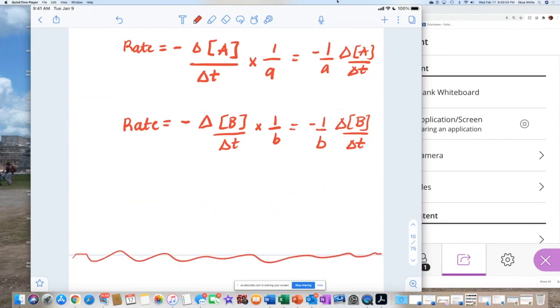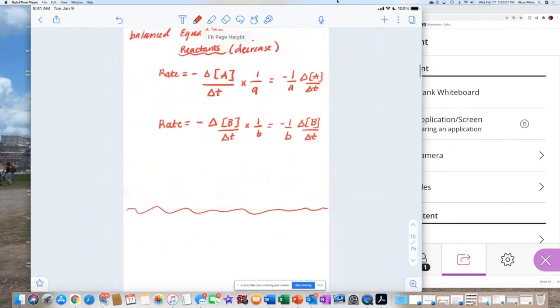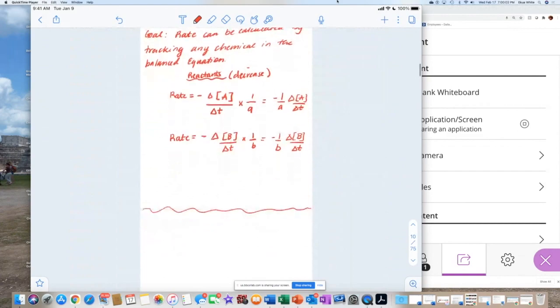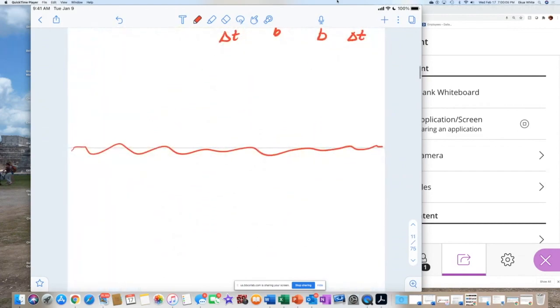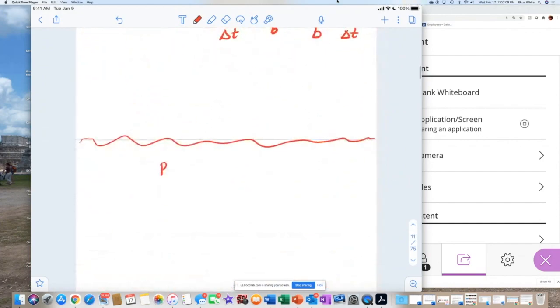Now I'm going to be dealing with the products. I'm going to give a general term here where I bring in what I raised earlier. So over here, for my products, I got C and I got D. Since I'm dealing with products, they are increasing. So remember, we're going to use a positive or leave it out.